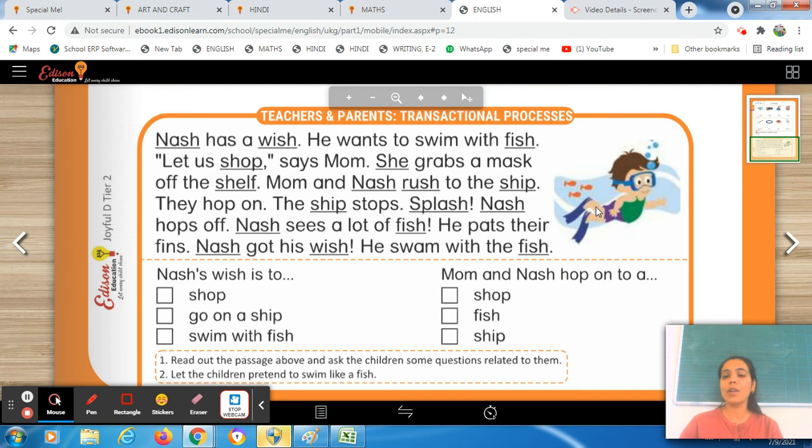Okay, build up your interest and then start reading. Okay, because आपकी जो pictures होती हैं उससे आप observe कर सकते हो that what is in this passage. A little bit आप assume कर सकते हो with that picture. So maybe in this passage we are going to read about a boy who likes to swim, है ना? चलो, let's start. Put your pencil over here now.